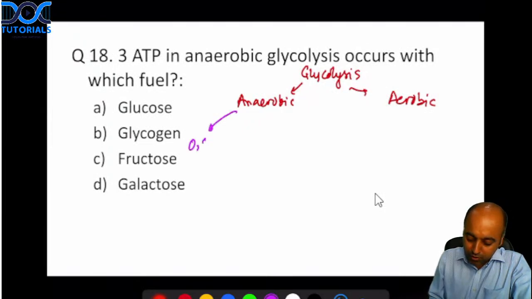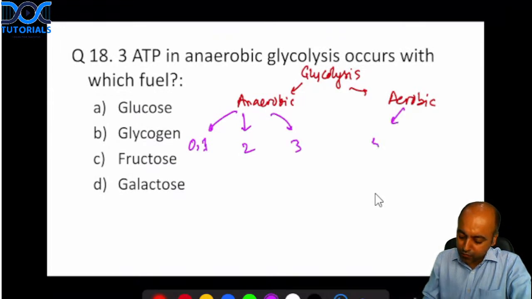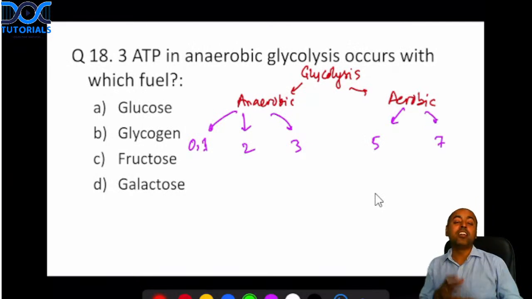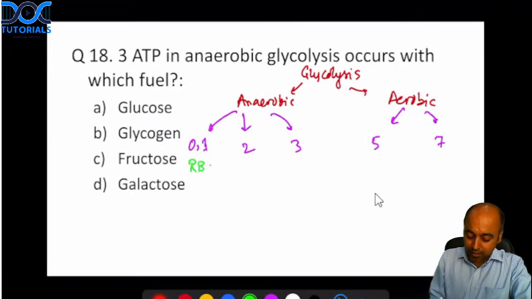You can have 0 or 1 ATP, you can have 2 ATP, or you can have 3 ATP. In case of aerobic, you can have 5 ATP or you can have 7 ATP. Very important to know that different values based on different conditions. This one is for RBC. This is the common one. This will occur in skeletal muscle.